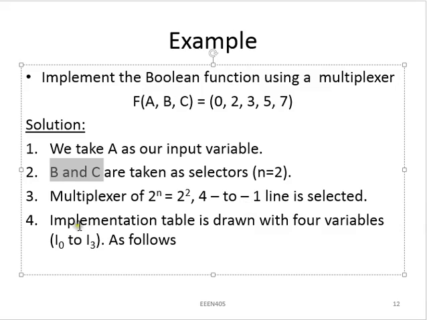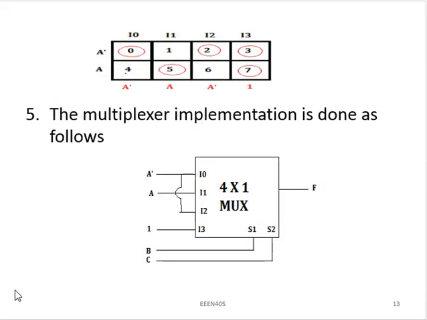These 4 inputs are represented by I0, I1, I2, and I3, which gives us 4 of them. And for us to go about this, we have to draw what we call our implementation table. The implementation table is drawn in this way. We have columns representing the number of inputs we have. Here we have 4 inputs, I0 to I3, so we put them in column 1, column 2, column 3, and column 4.